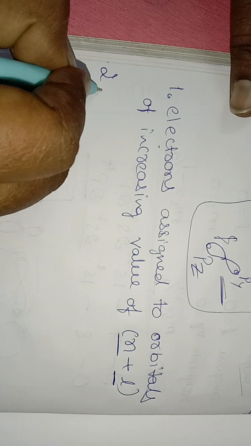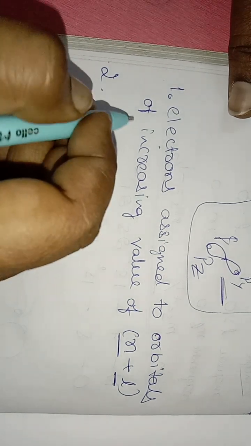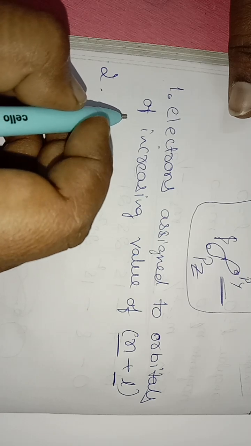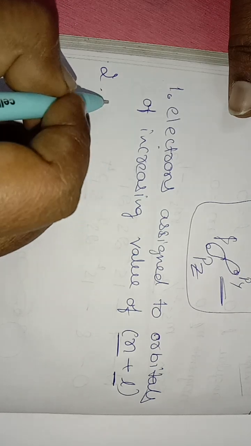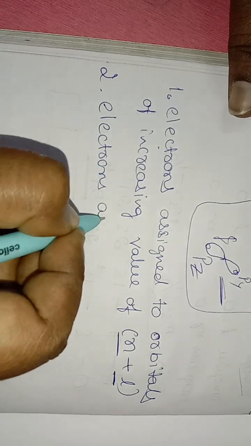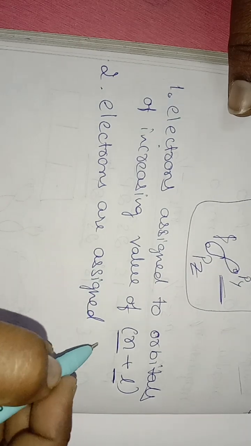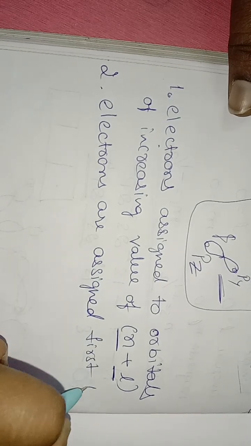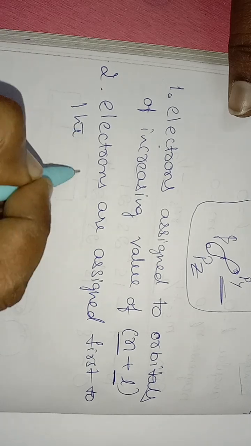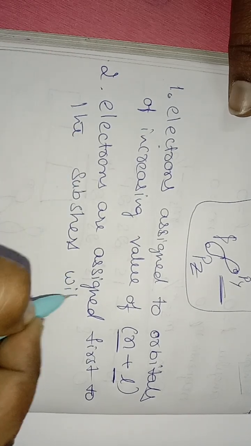Next, if two subshells have the same n plus l value, electrons are assigned first to the subshell with lower n.